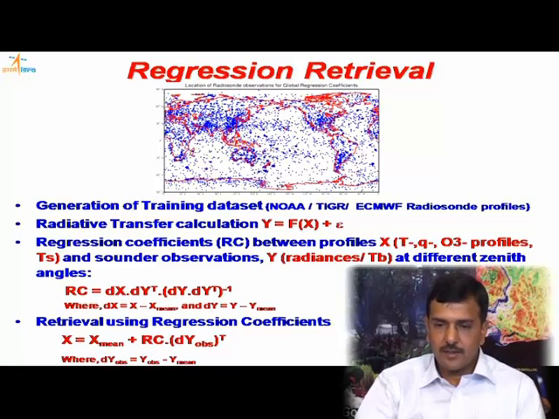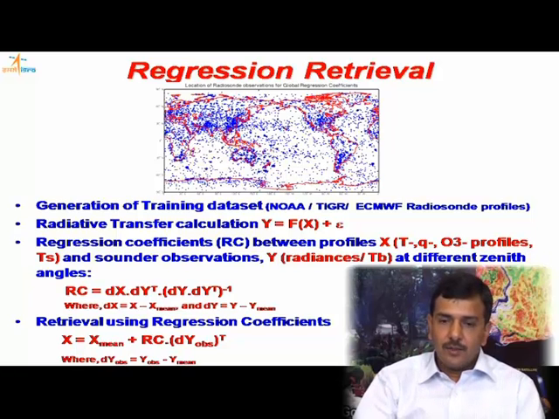So this case which I have explained here is one such case where we get thousands of these atmospheric profiles during the past few years, say past 10 years, and these profiles are obtained from NOAA, ECMWF or various other agencies.